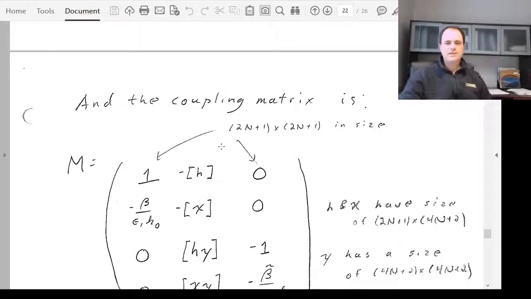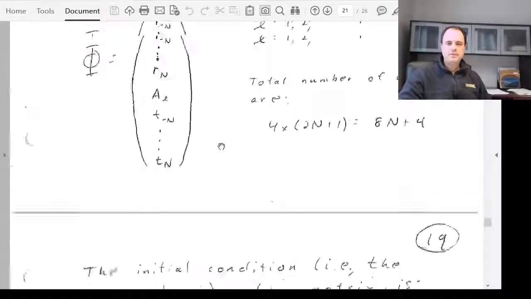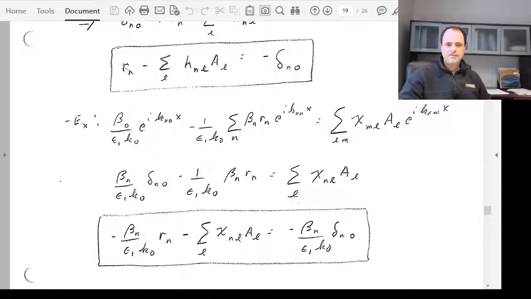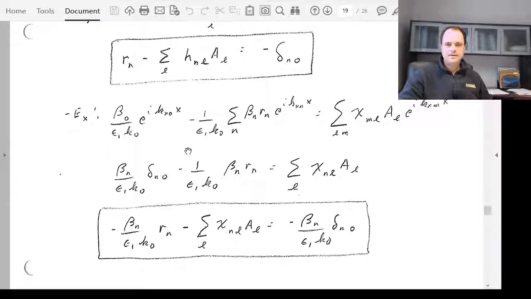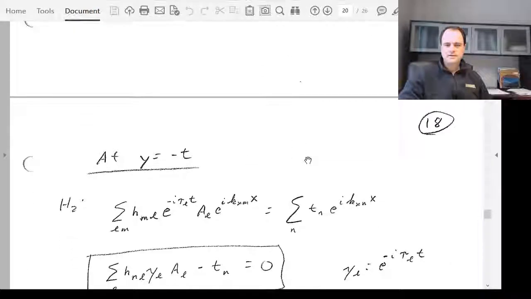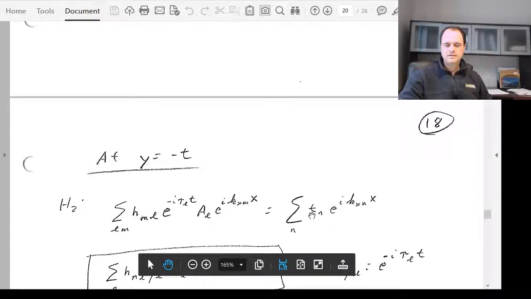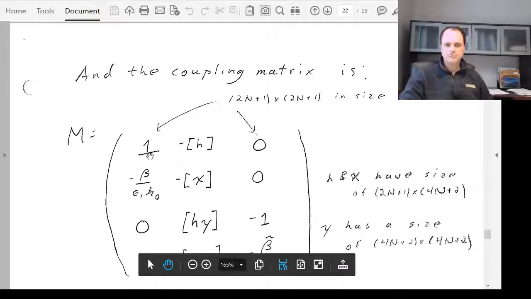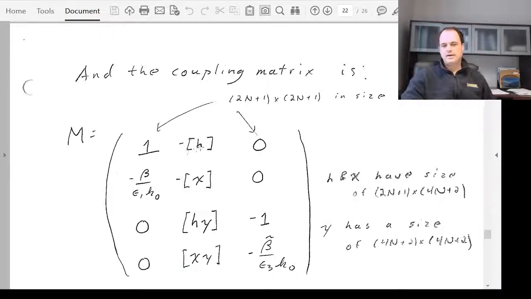And then we collect and make the big coupling matrix from these 4 equations. So we're going to have a matrix that combines all the h's, and then we have 0. There's no t in here, so we'll have 0 for t. So for the coupling matrix we should have a matrix with the h's and a 0.